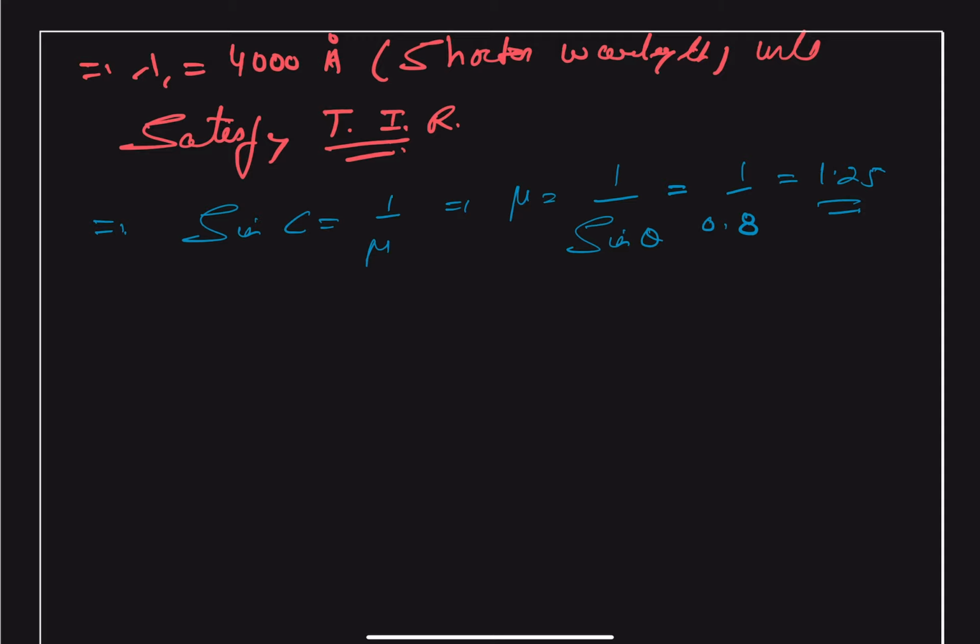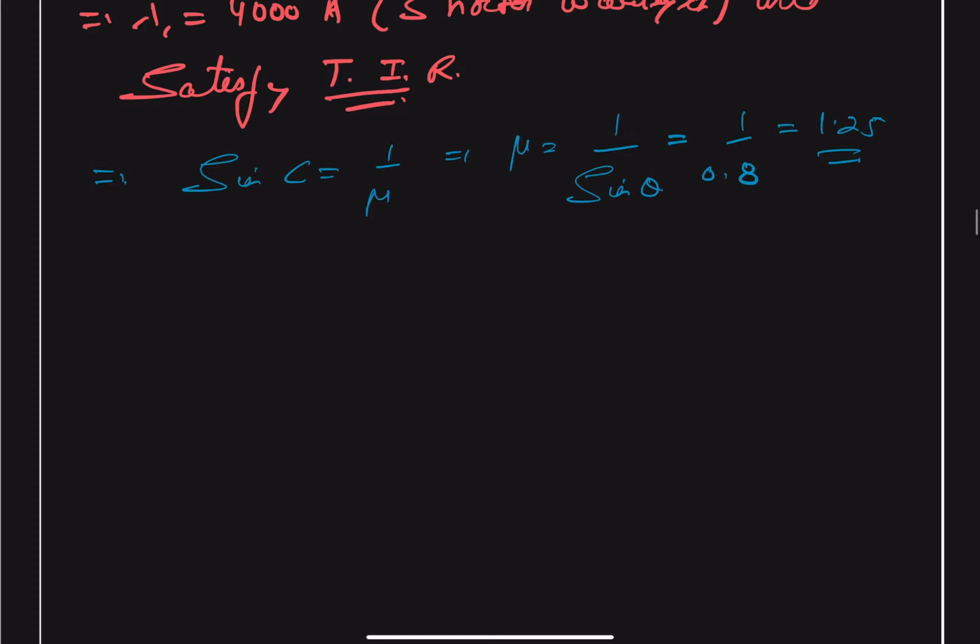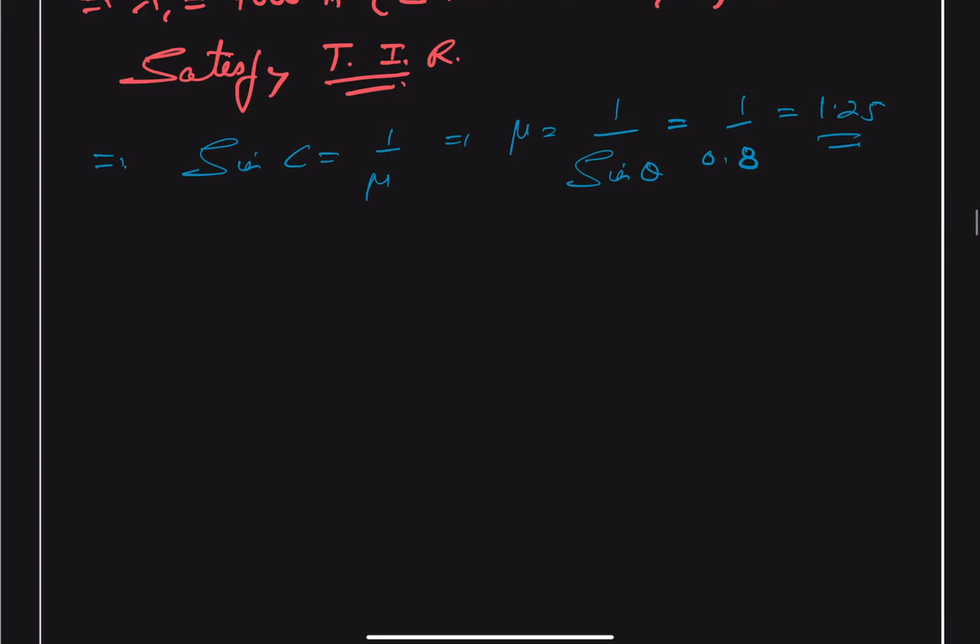Okay. So therefore the refractive index, and we can also say from here that sine of theta is given as 0.8, giving us theta as approximately 53.1.